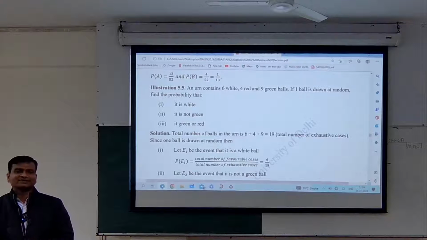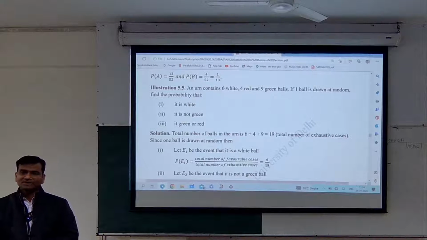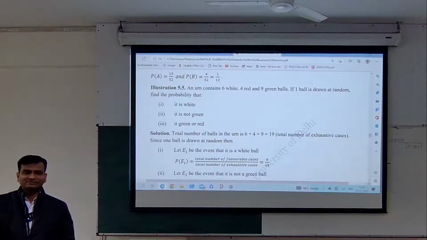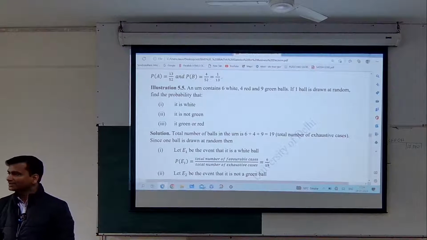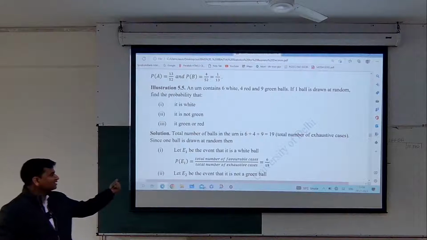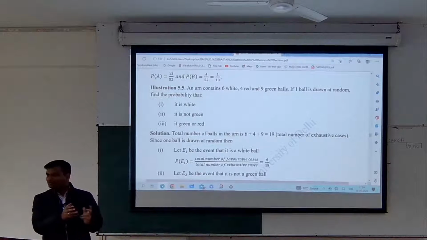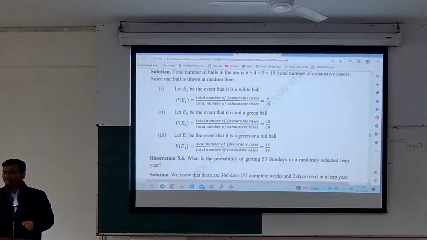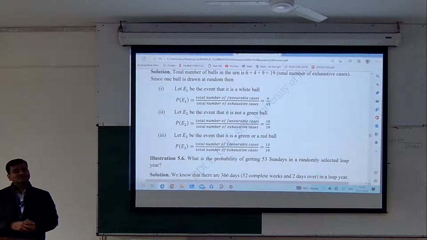This is the addition law basically, because you have to consider the chances of both. So 1 has 1/6, 2 also has 1/6, that is 2/6, which becomes 1/3. And here in this case you have to add both chances, red as well as green. So red and green together make 13 balls, so 13 divided by 19.